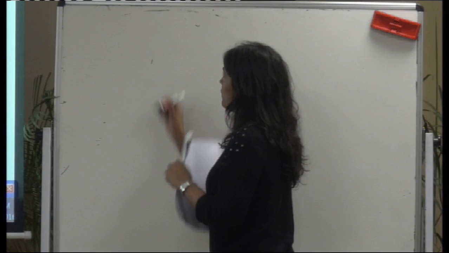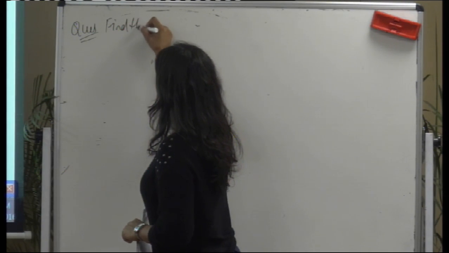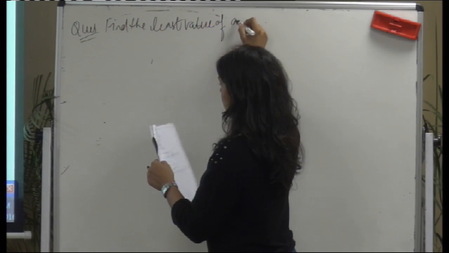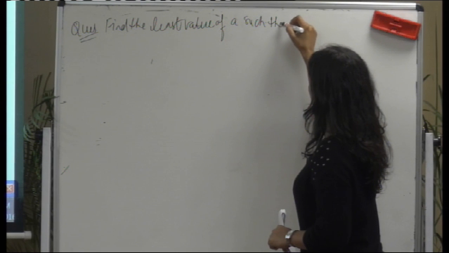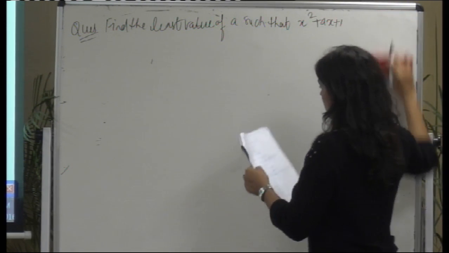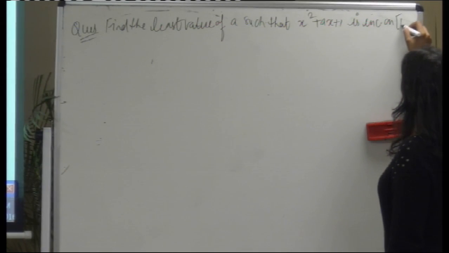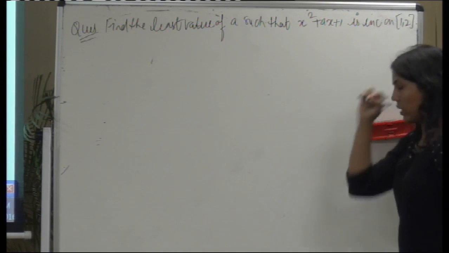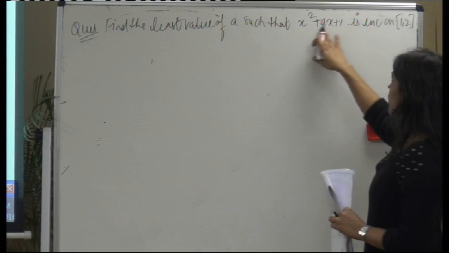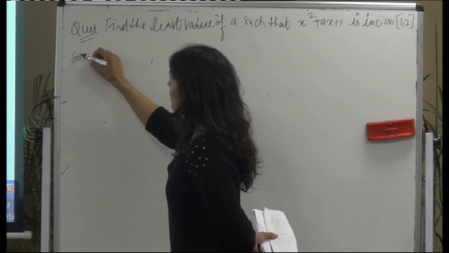Find the least value of a such that x square plus ax plus 1 is increasing on 1 to 2. You have to answer what will be the least value of a such that this function is increasing. So what is given to you? How will you start?